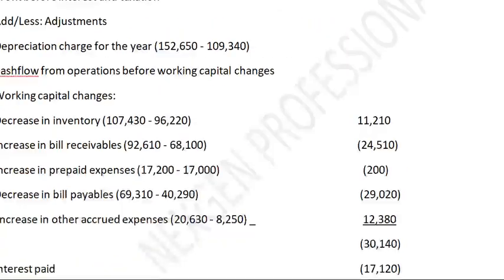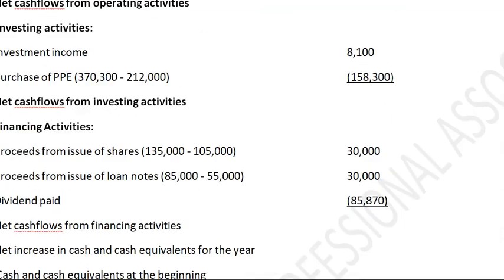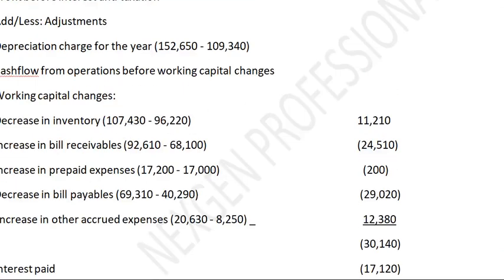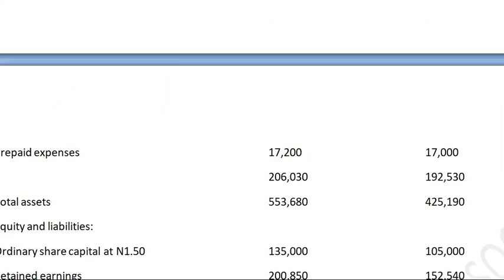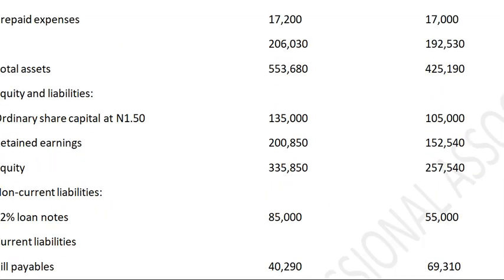So now let's go to the financing activity. There are no other questions. The first one is proceeds from issue of shares. How will you know if there is a proceed from issue of shares? You also compare the opening balance with the closing balance under the equity and the liability. Look at it here. Ordinary share capital at 150 kobo. We opened the year with 105,000, which was the closing balance for 2019.